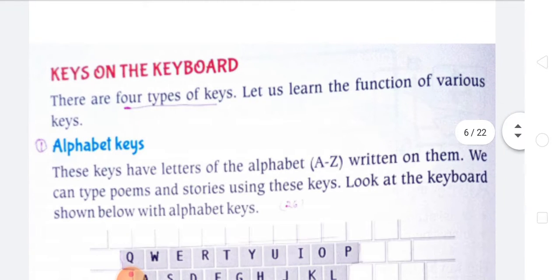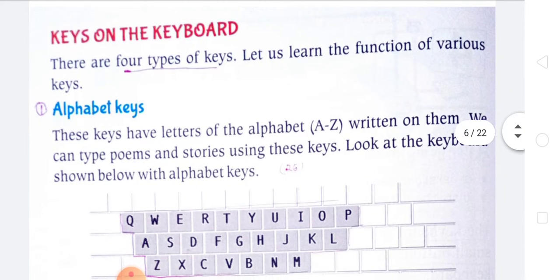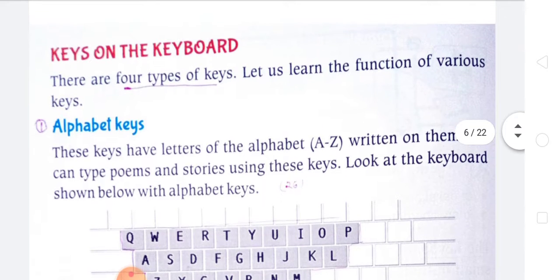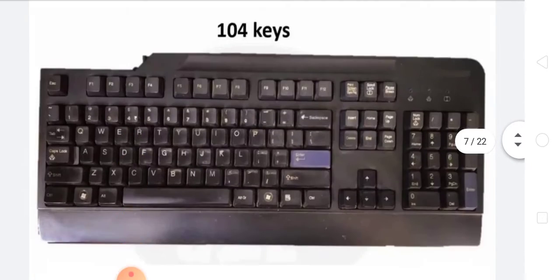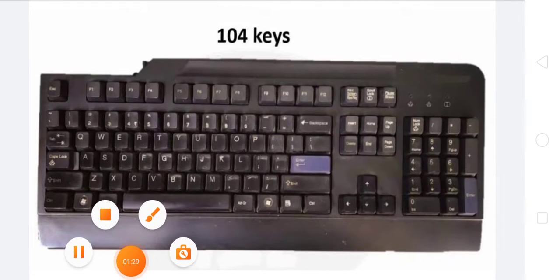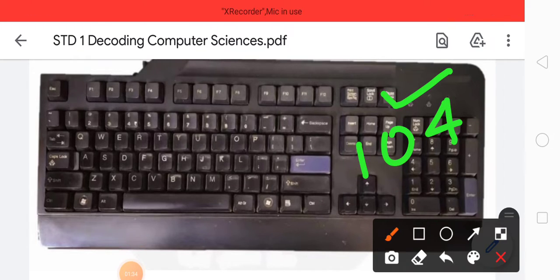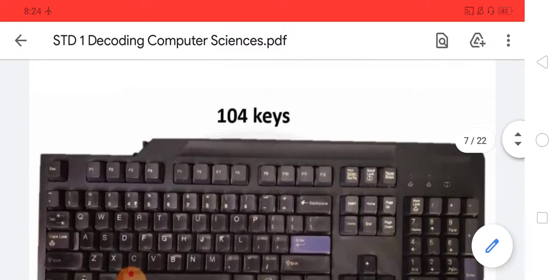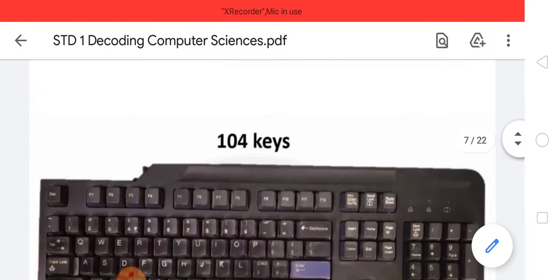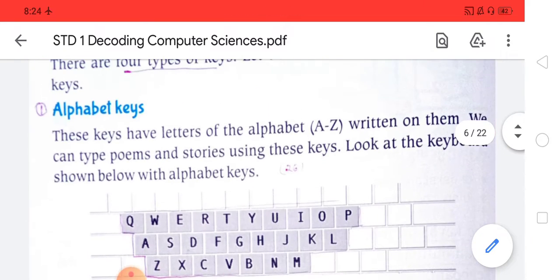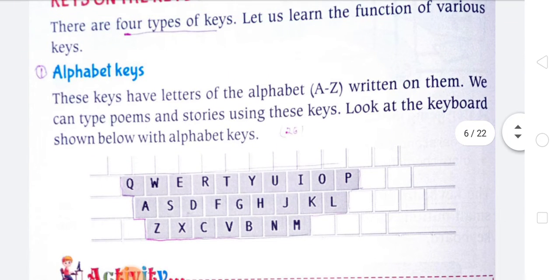Let us learn the function of various keys, students. So first of all, alphabet keys. Whenever we talk about a keyboard, you always have to remember that there are 104 keys on a keyboard. Okay, a keyboard consists of 104 keys. Then if you talk about the alphabet keys, these keys have letters, the alphabet, A to Z, written on them.